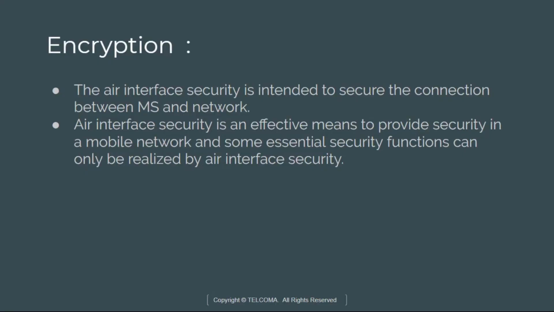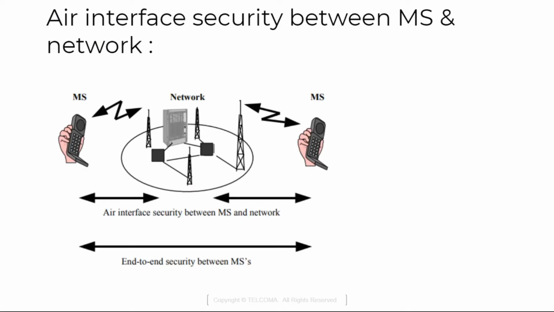Next we have encryption. As the air interface is very vulnerable to attacks, we have air interface encryption. The air interface security is intended to secure the communication. It is an effective means to provide security in a mobile network, and some essential security functions can be realized only with this.